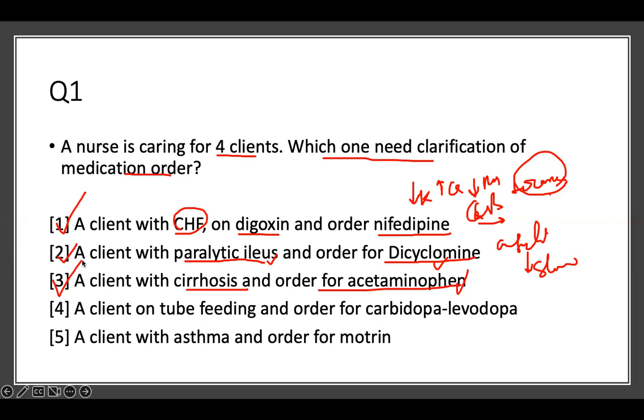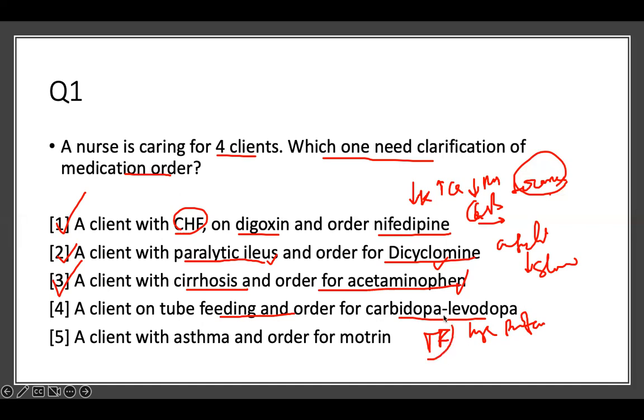A client on tube feeding and an order for carbidopa-levodopa. This is a tricky one. I intentionally put it there. When you're on this medication, you should avoid a high protein diet. Therefore, if the patient is on tube feed, it doesn't mean there is a contraindication. It's information I want to pass on to you in case you see a question.